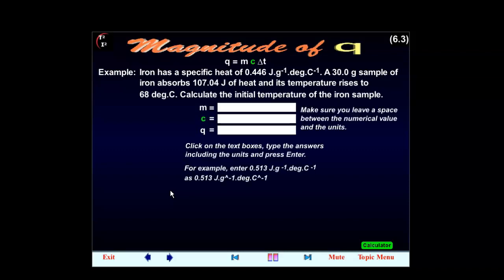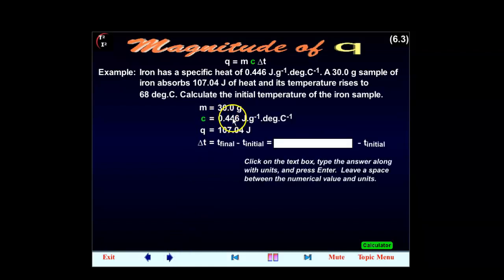All right, this is another interactive section. So go ahead, supply the mass, C, and Q. You should get 30, 0.446, and 107.04. And then your T final minus T initial is going to be what?